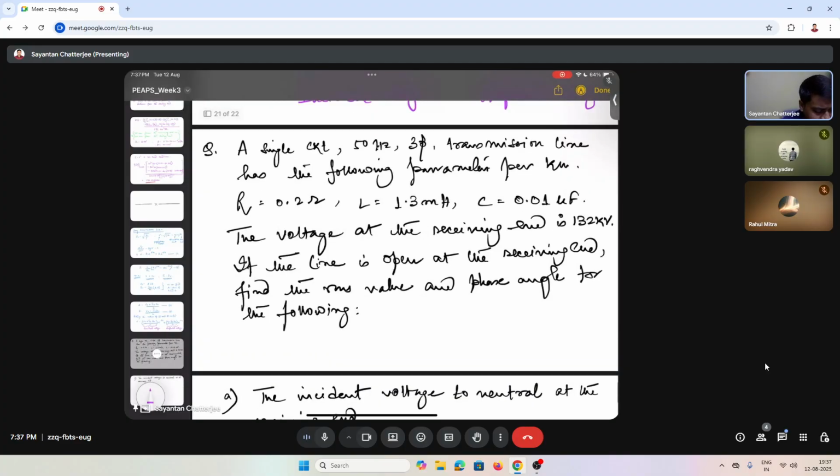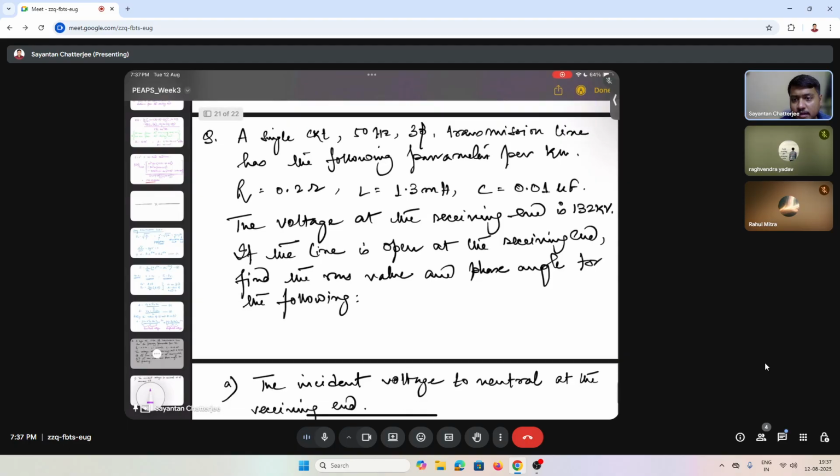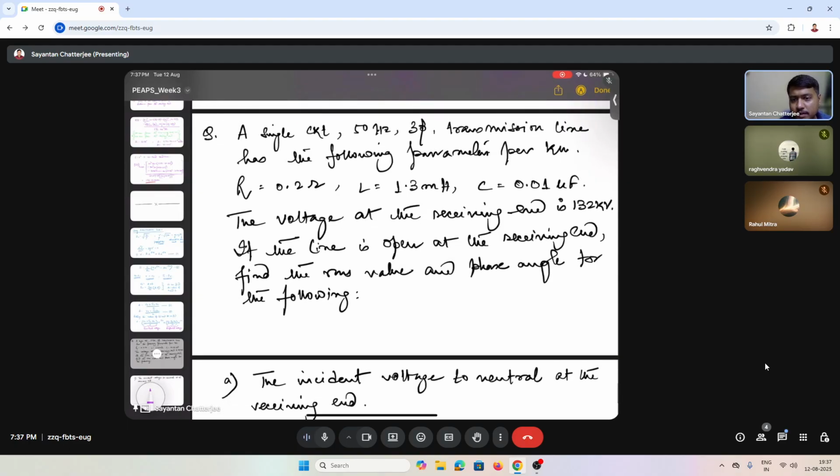So in this question, a single circuit 50 hertz three-phase transmission line has the following parameters per kilometer. You may take a screenshot of this page because the remaining question will also follow the same parameter values, and these values will be required for solving the remaining parts of this question too.